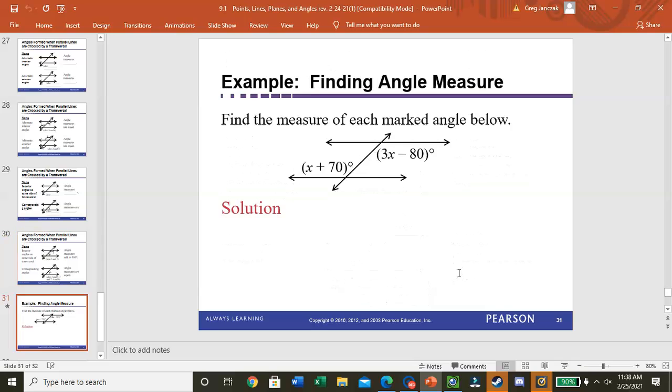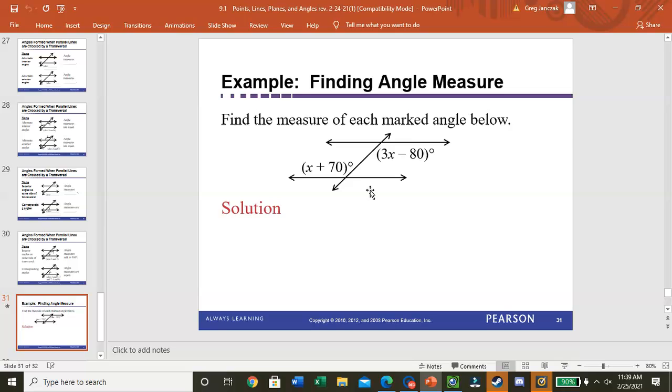Okay. All right. So here we have two angles, right? And we want to find the measure of these angles. What would they be? Corresponding, same side interior, alternate interior, right? Good.